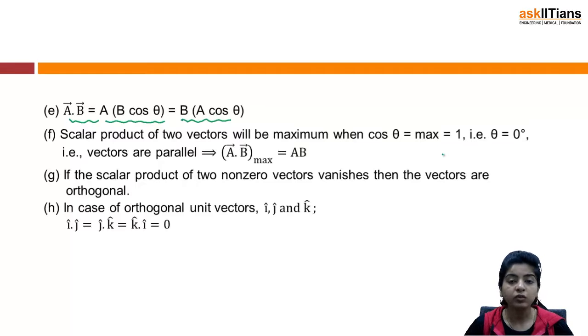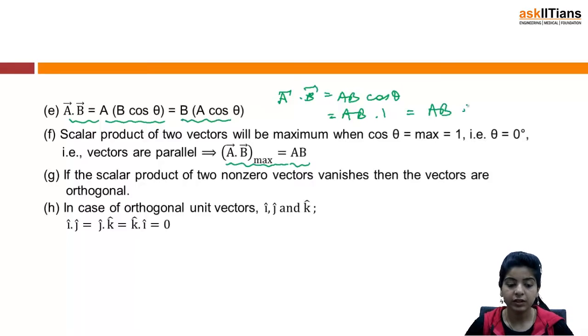Cos theta is 1 means theta is 0, and as we have discussed earlier also, theta is 0 means the vectors are parallel, and therefore the maximum value of a dot b becomes ab. How? a dot b was ab cos theta. Now cos theta is 1, so this becomes ab. So the maximum value of a dot b is ab.